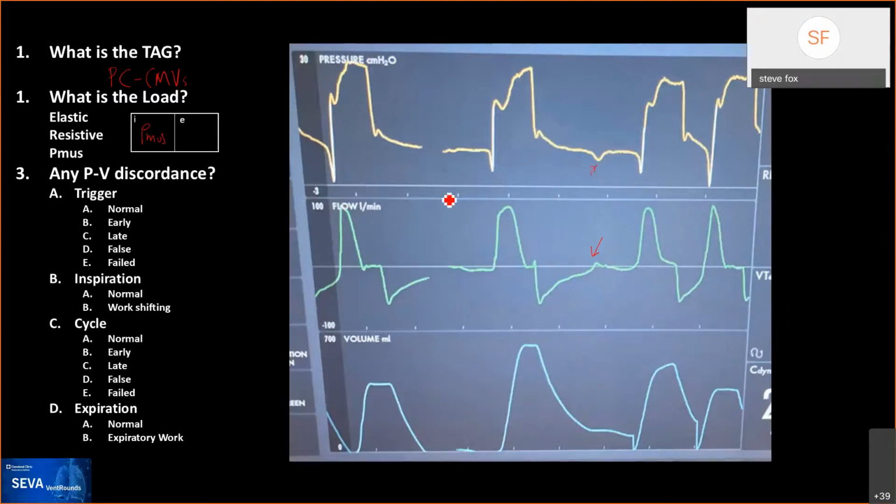So there's the failed trigger, and then there are some repeated early triggers later on. And inspiration, there's not a lot of work shifting. Cycle, we'll go with late in almost all the breaths. And expiration, I guess there's a little bit of expiratory work. It's not exactly the normal deflection, but it's not anything crazy.